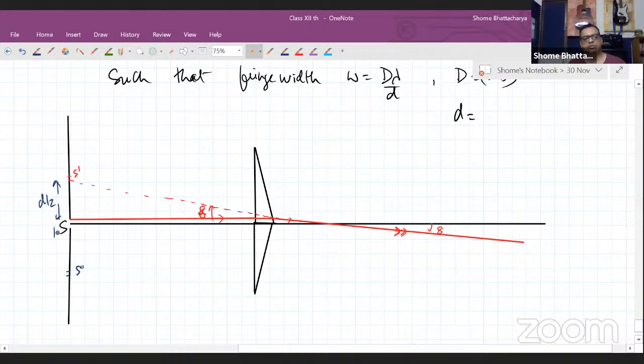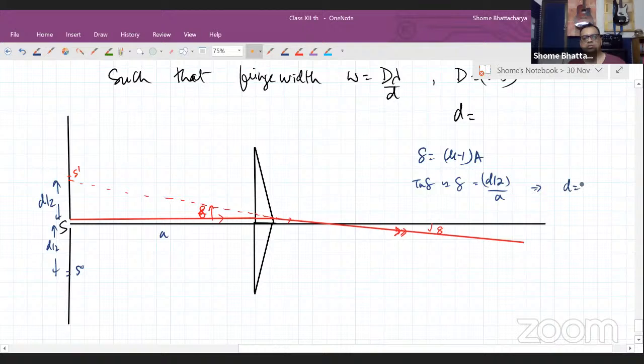This is also at d by 2, and this was a. So delta you can see is mu minus 1 into the angle of the prism, and you can see that tan delta is nearly equal to delta, equal to d by 2 divided by a.